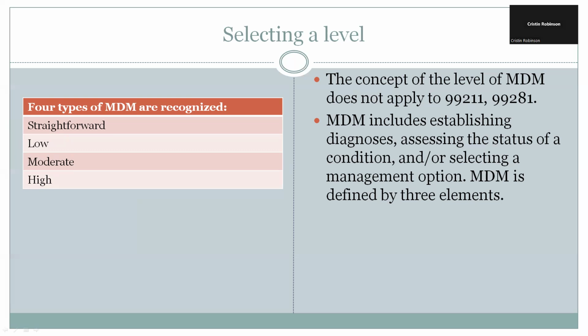Medical decision making includes establishing diagnoses, assessing the status of a condition, and or selecting a management option. Medical decision making is defined by 3 elements.